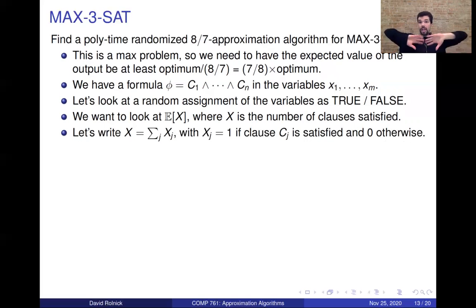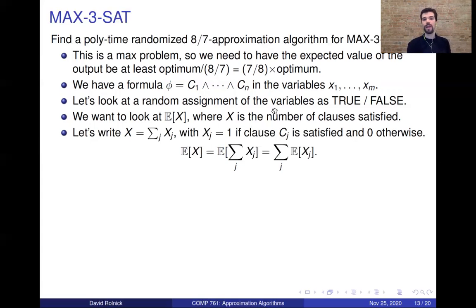This is what we've done in a lot of situations with linearity of expectation. We take the number of things which happen, and we break it up into: did this one happen? Did this one happen? Even if the things depend on each other, the magic of linearity of expectation, I can't say this enough, means that we can calculate the expected value of the sum as the sum of the expectations.